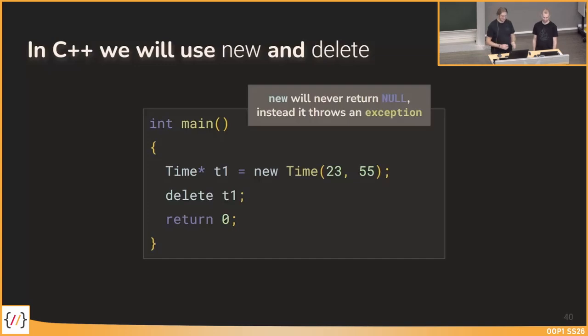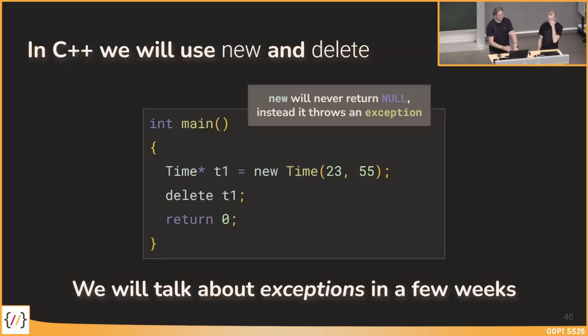And good for today, no more null checks. We don't need them anymore in C++. We need the concept of exceptions, but that's a whole new topic we will discuss in a few weeks. And until then, you don't need to do any null checks. That's cool. So there's also a huge benefit of new and delete.